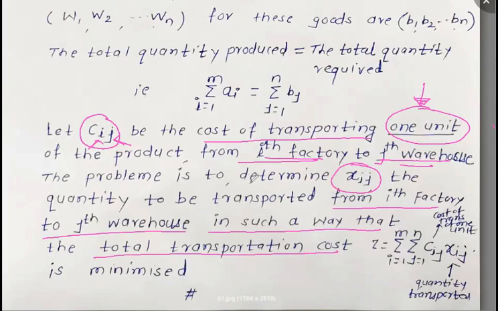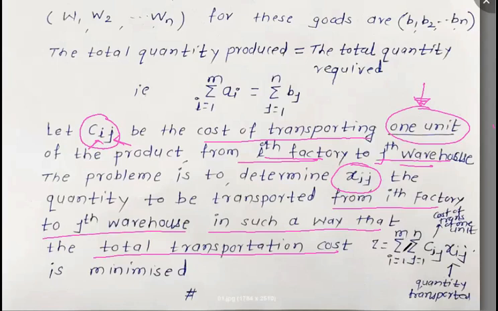So the transportation problem is to determine this quantity Xij, that is the quantity to be transported from ith factory to jth warehouse in such a way that the total transportation cost Z is minimized.